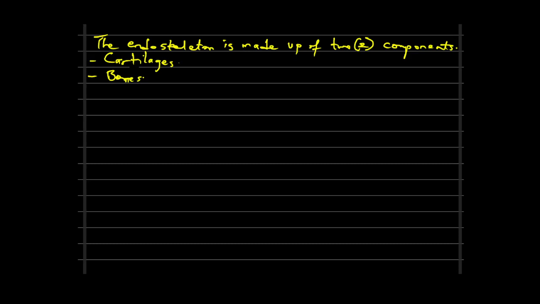So what is the hydrostatic skeleton? Maybe one of the reasons why it is discussed in this part of the notes is because it is also found inside the body of the organisms that possess them.